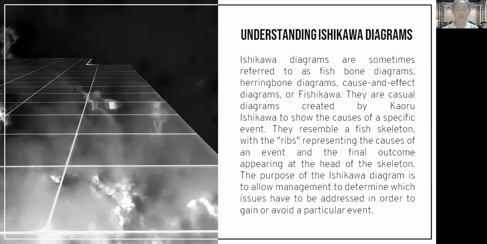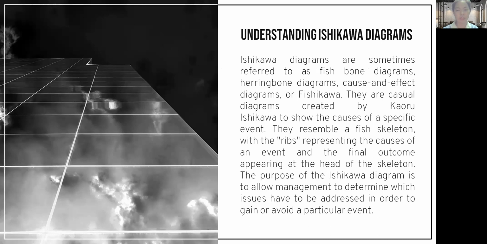An Ishikawa diagram is shaped somewhat like a fish. Next slide is about understanding the Ishikawa diagram. Ishikawa diagrams are sometimes referred to as fishbone diagrams, herringbone diagrams, cause and effect diagrams, or Ishikawa. They are causal diagrams created by Kaoru Ishikawa to show the process of a specific event.